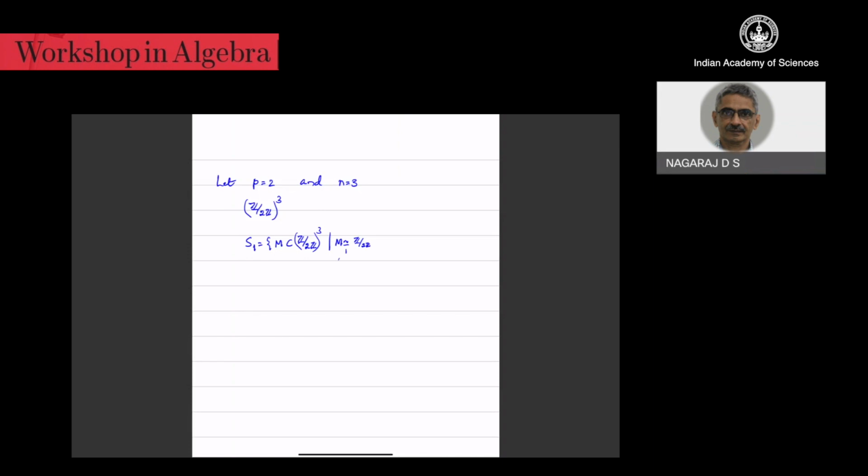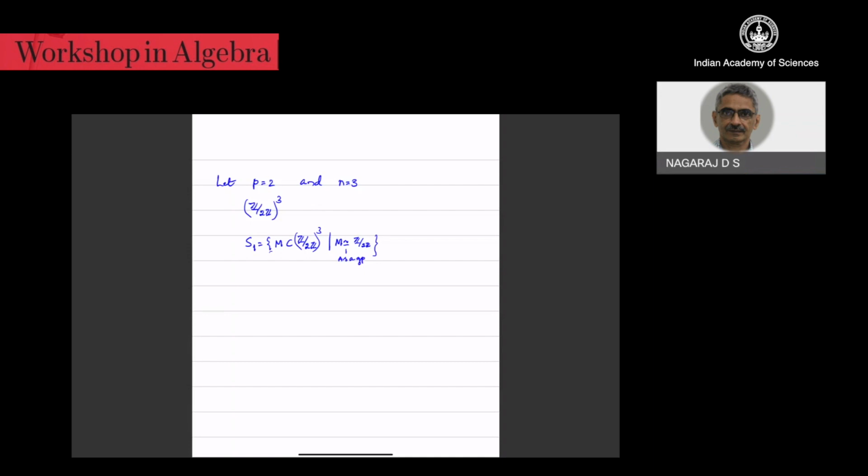Isomorphism as a subgroup. So I'm not considering any set, I'm only considering subgroups. Okay. If I consider sets of cardinality 2, there will be plenty of them.